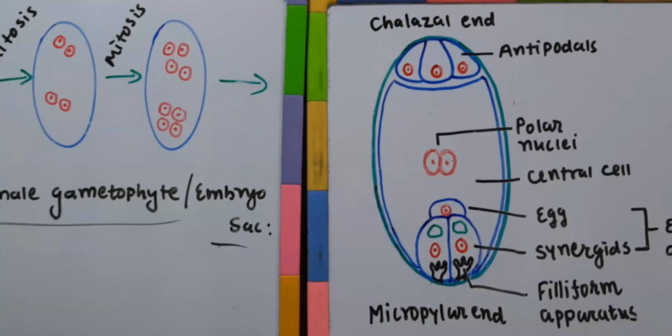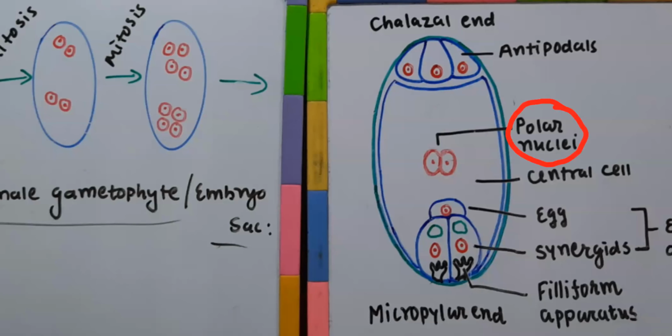Remaining 2 nuclei are in the center of the embryo sac. These 2 nuclei are termed polar nuclei.